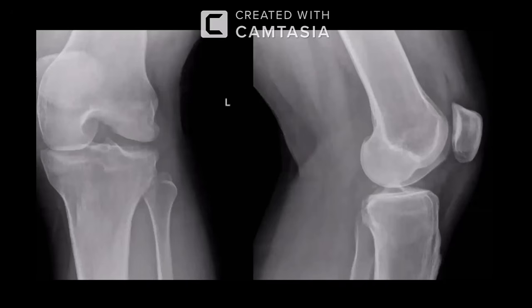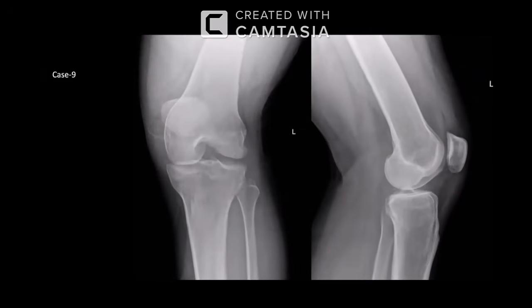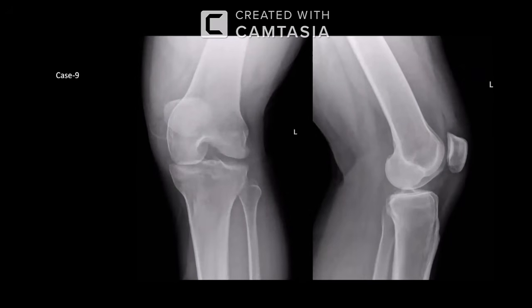There is no bone fragment here in the interspinous region. I can appreciate that there is asymmetry of the femoral condyle, intercondylar region is asymmetric, and the patella is normal in position. There is no joint dislocation.